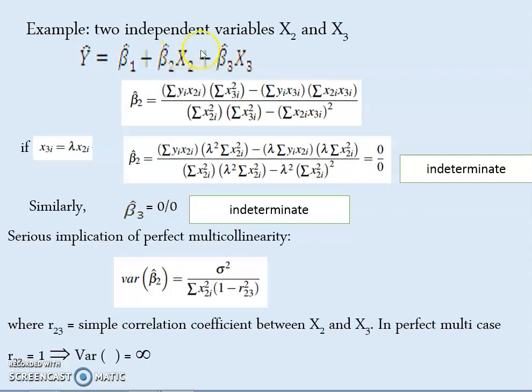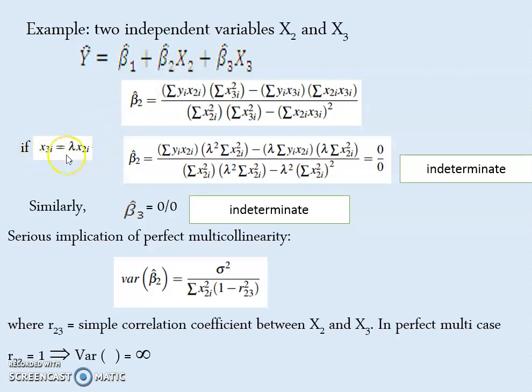Suppose we have two independent variables, x2 and x3. This is the model: y hat equals beta 1 hat plus beta 2 hat x2 plus beta 3 hat x3. This is the formula to get beta 2 hat. Suppose x3i equals lambda x2i.